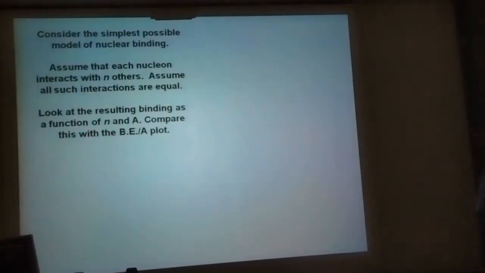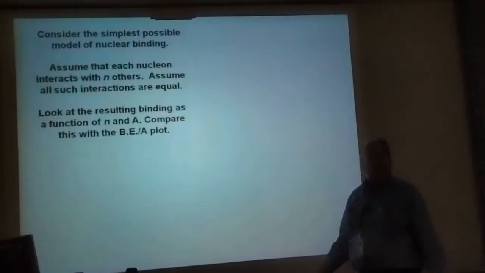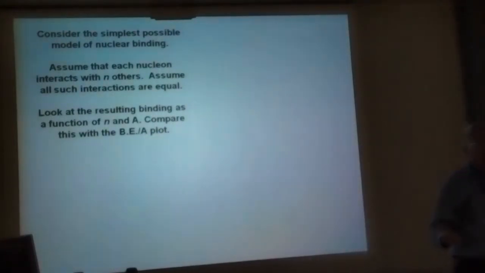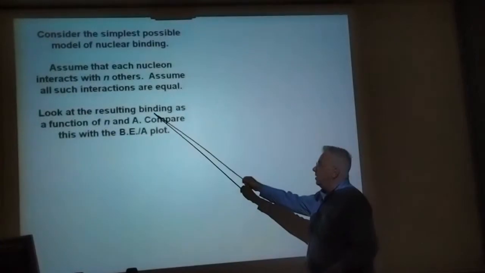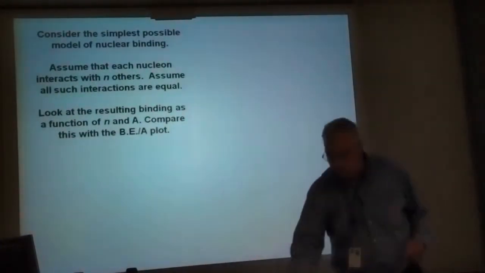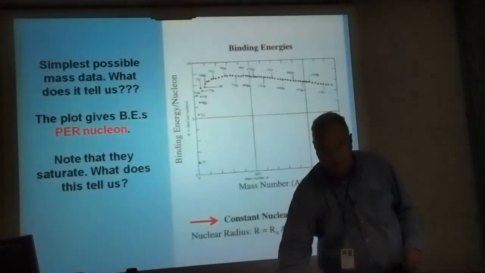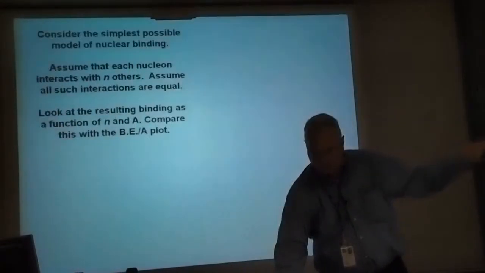We're going to change n and look at different cases for n equals 2, 3, infinity, and so on. Let's assume that all those interactions are equal. Now that's not true, but we'll just assume it. Let's look at what you would get for the binding as a function of n and A, and compare it to that data plot we just saw. So this is what we want to compare it to, up and over.